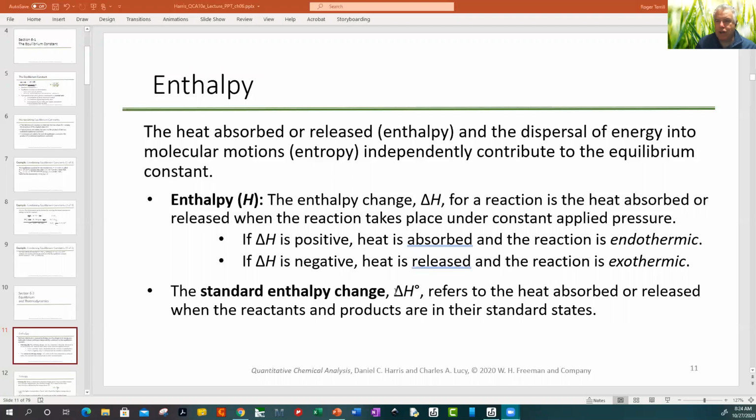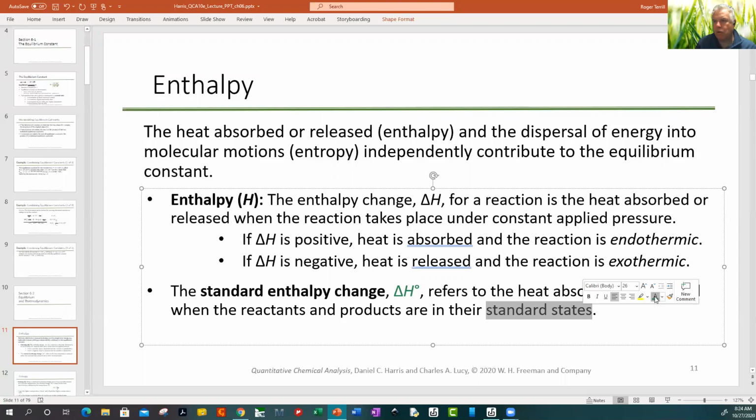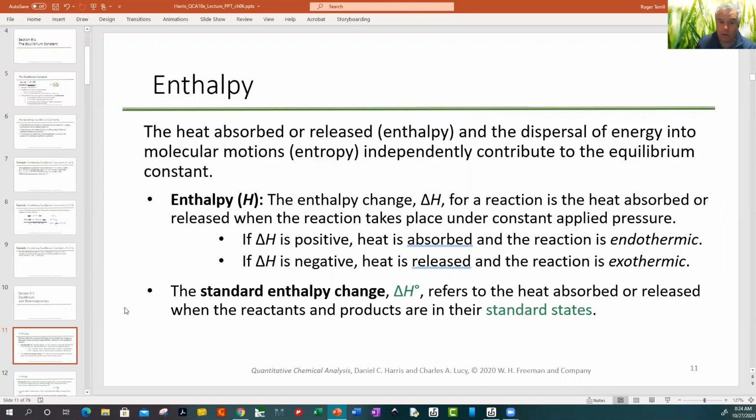So delta H naught here is the heat absorbed or released when the reactants and products are in their standard states. That is typically around 1 molar. It's actually exactly 1 molar, not typically, it's exactly 1 molar, right? Or solid, or neat liquid, the undiluted liquid, or things like that.